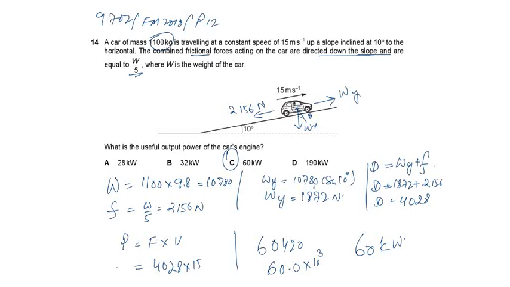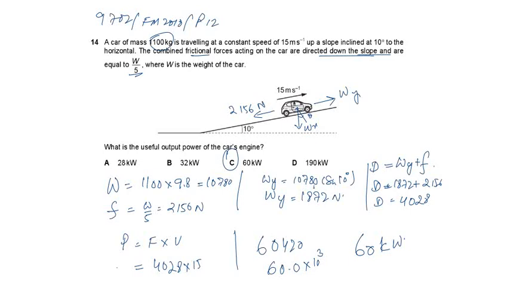Next, the car is moving upwards. That means we first need the component of the weight of the car along the slope. The component of the weight is 10780 sine 10 degrees, which will be 1872 Newton, right?